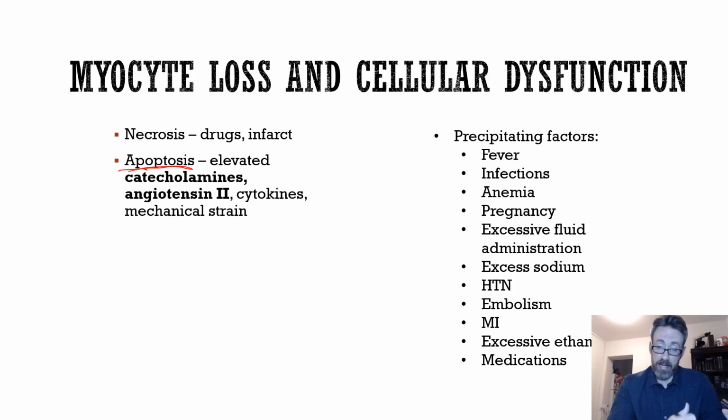The mechanisms for us to compensate, increased angiotensin 2, aldosterone levels, as well as catecholamines, if those hormones stay elevated for a prolonged period of time, it's actually detrimental to the heart over time, because the catecholamines themselves can downregulate beta receptors and reduce its contractility if it's excessive and prolonged.